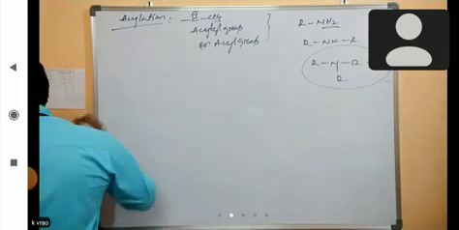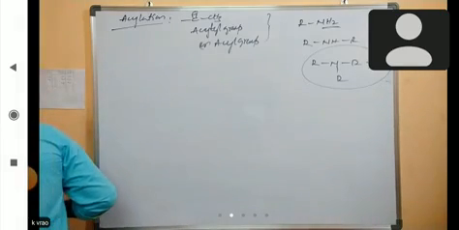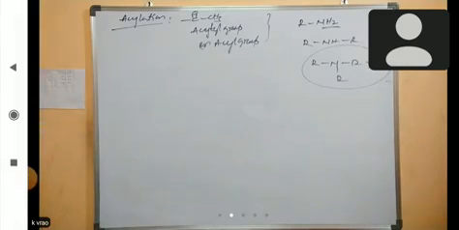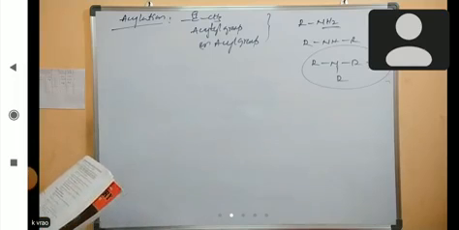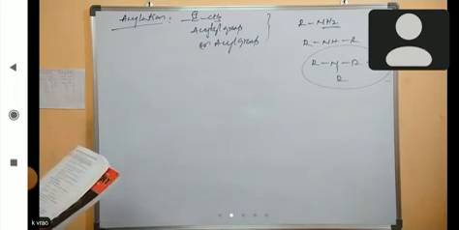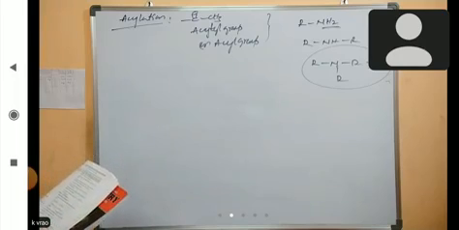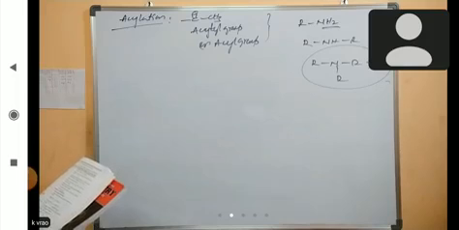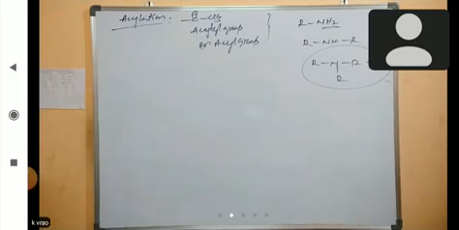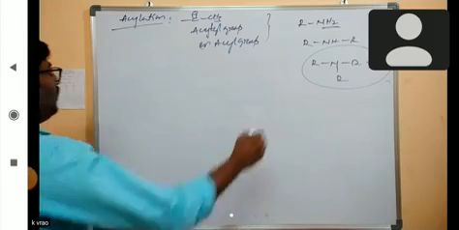See here, we can write: aliphatic and aromatic amines react with acid chlorides, anhydrides, and esters by a nucleophilic substitution reaction. This reaction is called the acylation reaction.